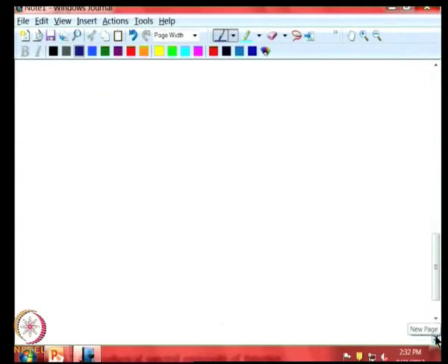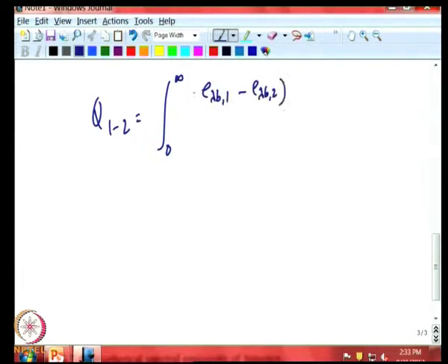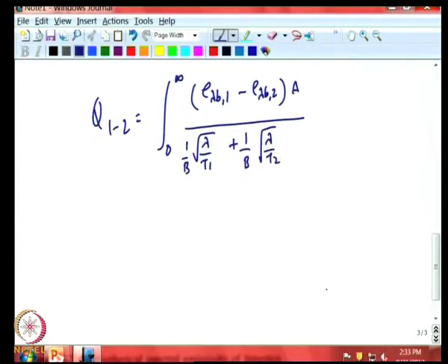And on neglecting this term, the expression we got between two parallel plates was E lambda b 1 minus E lambda b 2 into A divided by 1 by epsilon lambda 1, which goes as root lambda by T 1 over B plus 1 over B root lambda by T 2. And remember, root lambda is really common to them.